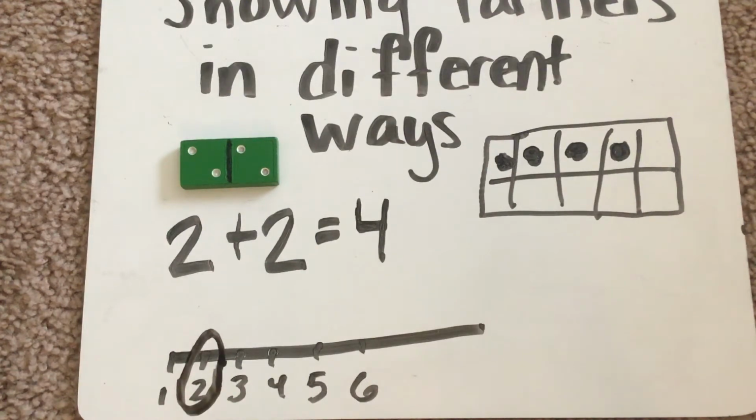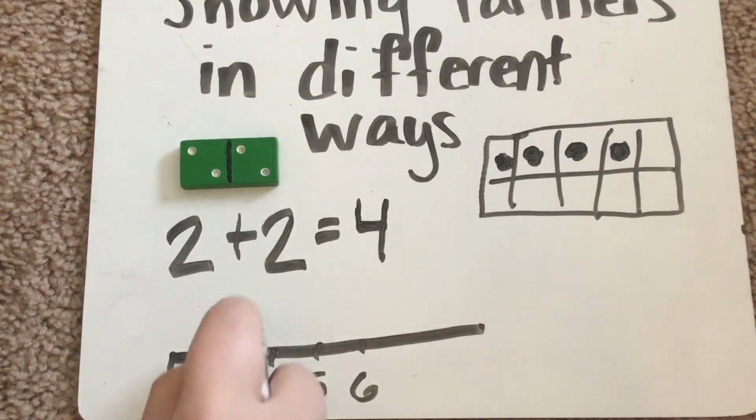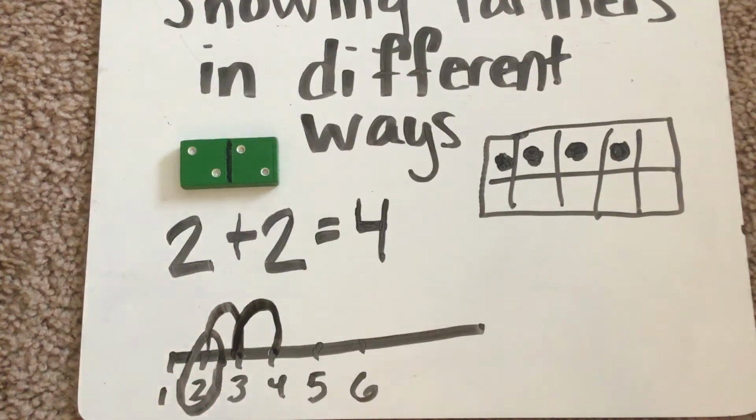And then we are going to jump on the number line 2 more because 2 is our second number. So we're going to start at that 2. And we're going to jump to the next number, and then we're going to jump 1 more number. What number did we end on? We ended on 4. So if I have 2 and I go 2 more, then I'm on 4.